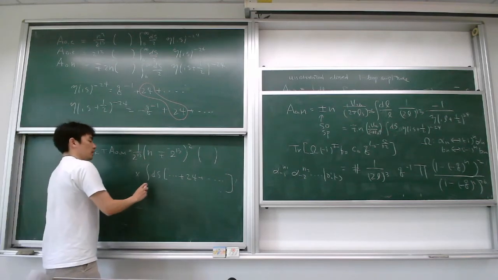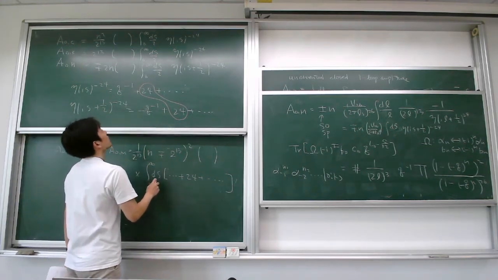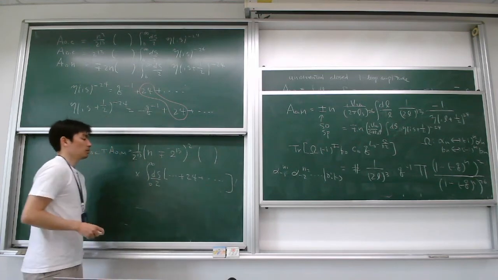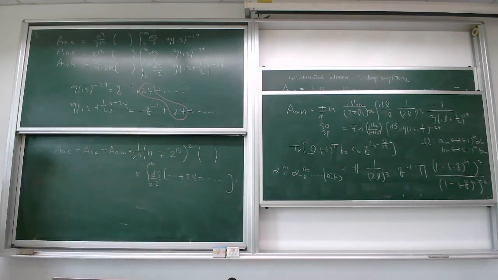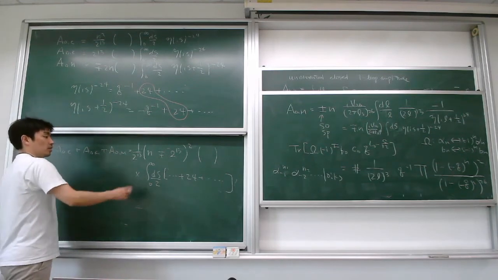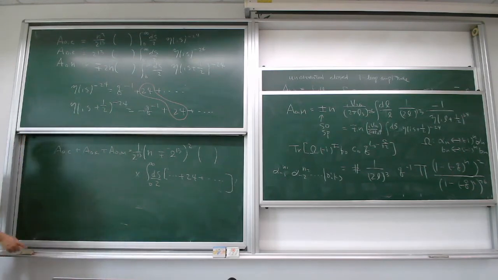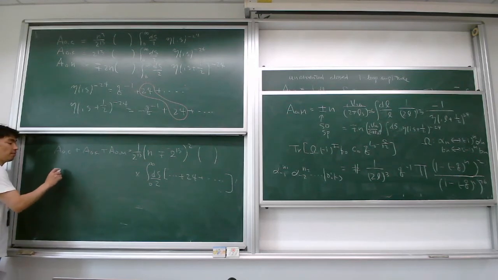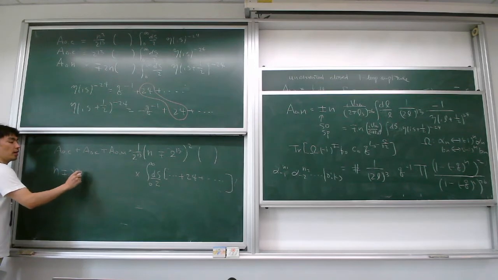From 0 to infinity, the integral to infinity ds over 2 indeed. And then to get rid of the divergence, you have to have n minus 2 to the 13 has to be equal to 0. Okay?